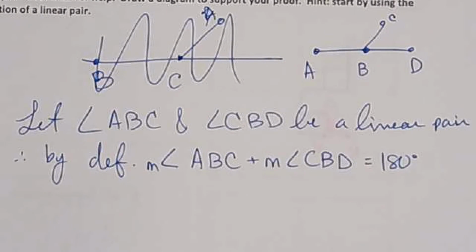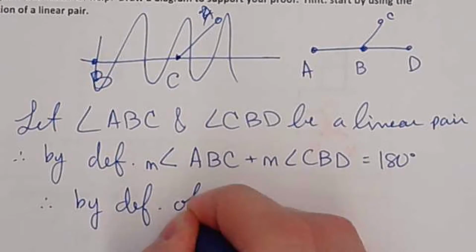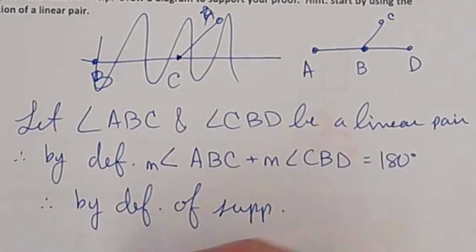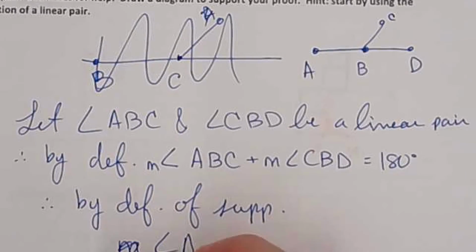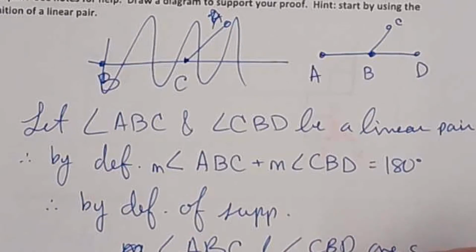Why? Because that's what a linear pair is by definition. Therefore, by definition of supplementary, angle ABC and angle CBD are supplementary.